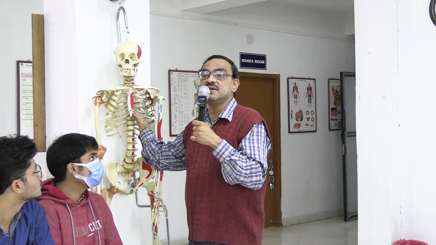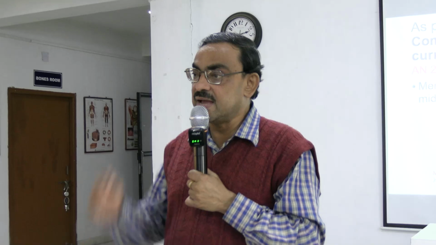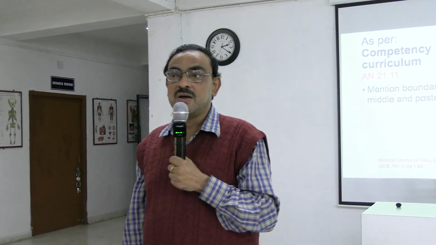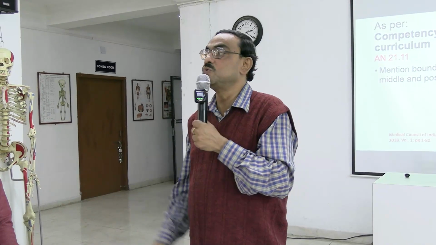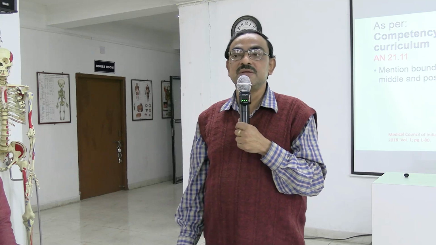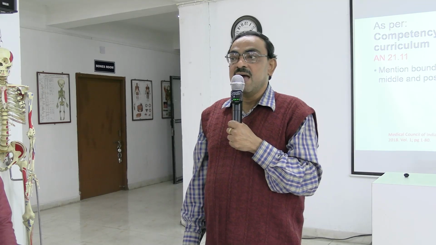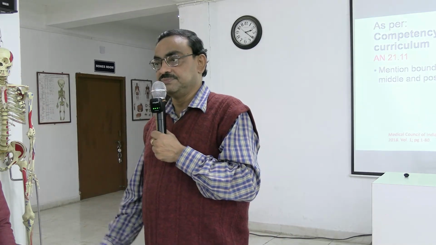The area within the pericardial sac, the heart itself, forms the middle mediastinum. So the mediastinum is the area in between the two mediastinal pleura, divided into superior and inferior mediastinum, and the inferior is divided into anterior, middle and posterior.